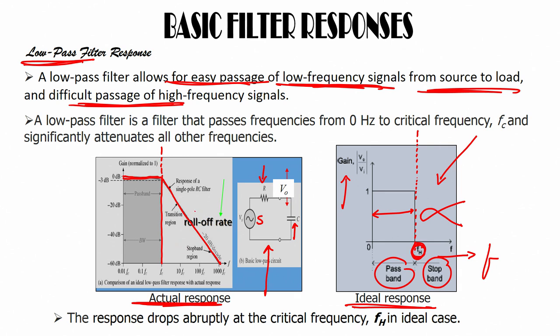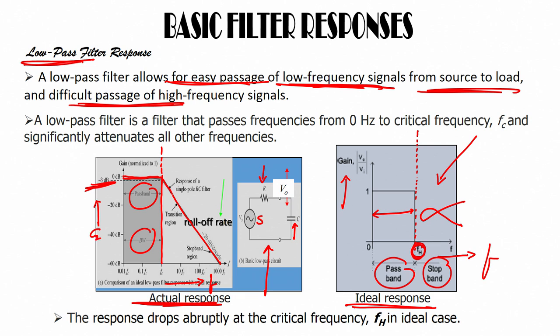But we will consider only frequencies that are allowed at about -3 dB, or 70% of the total voltage. This is the pass band as we have seen, and this is the bandwidth, and this is the frequency, this is the gain, right. Y axis is gain, x axis is frequency.